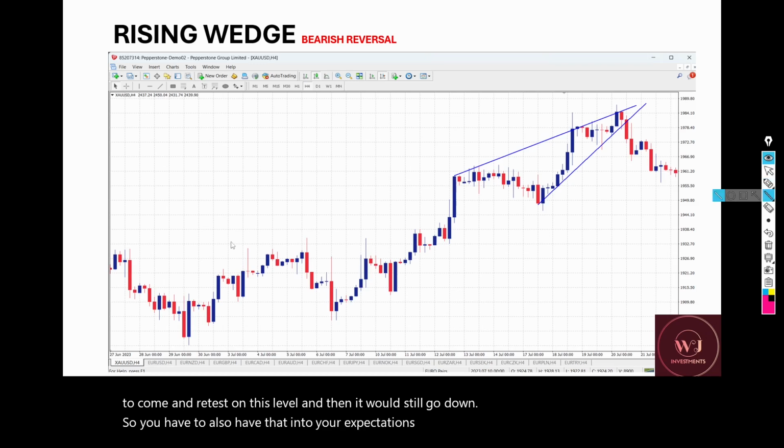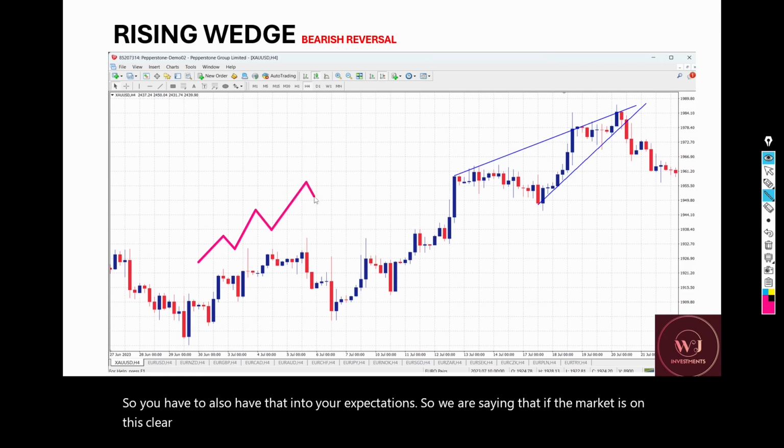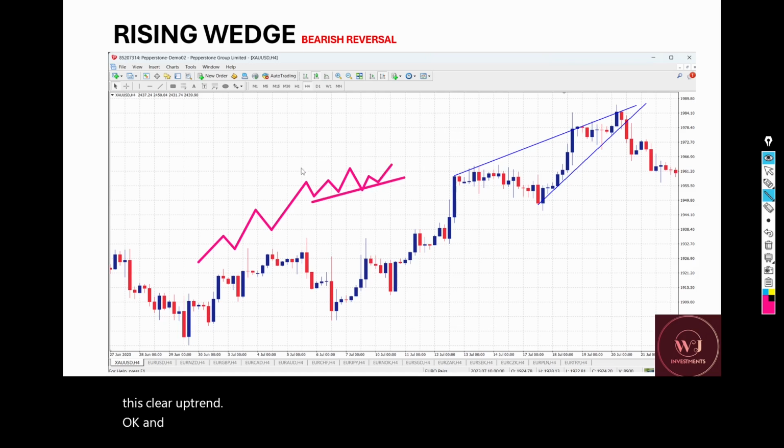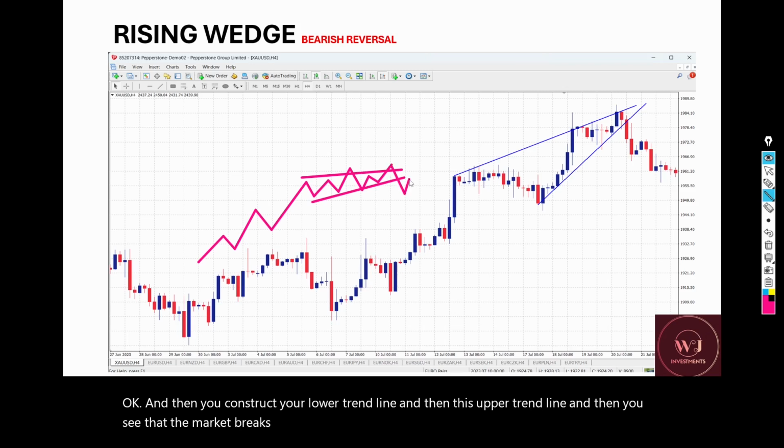So we are saying that if the market is on this clear uptrend, and then you construct your lower trend line and this upper trend line, and you see that the market breaks out, it can make a retest, that is one, and then it makes a short trade.